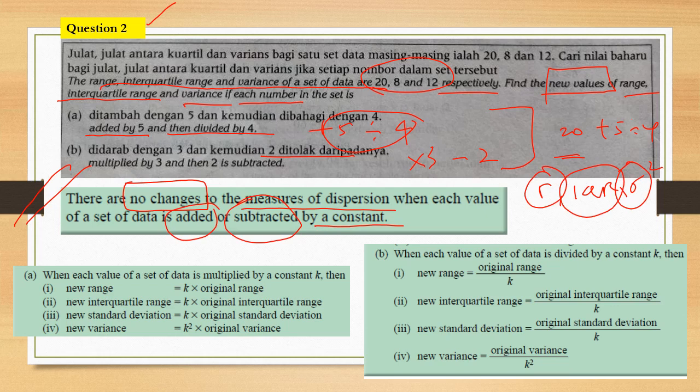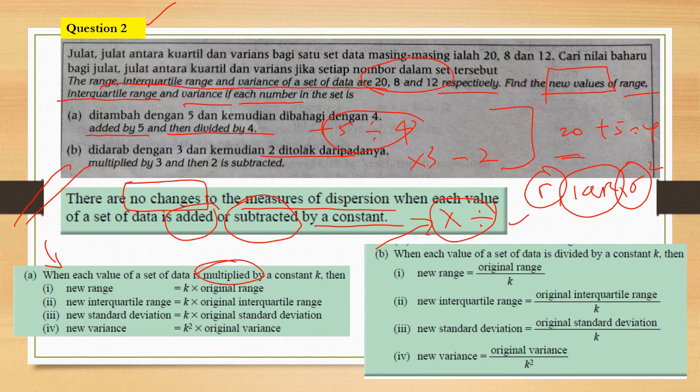It will only change when you times or you divide. So you have to remember also this in the textbook. So the new range, if it changes, is just times.